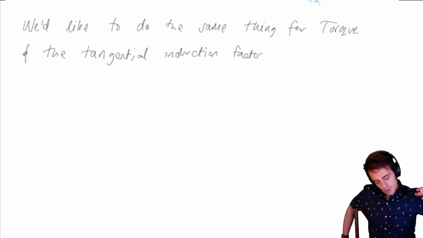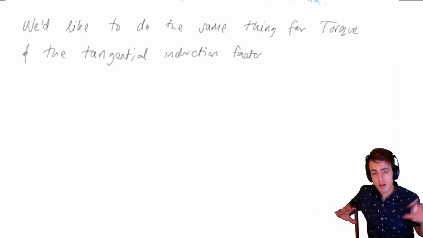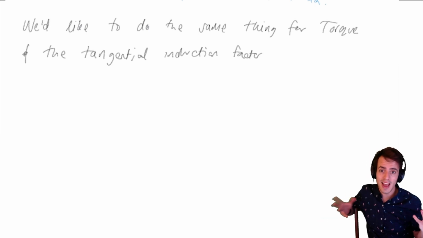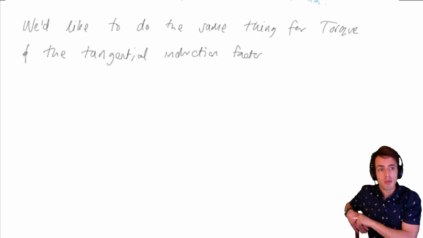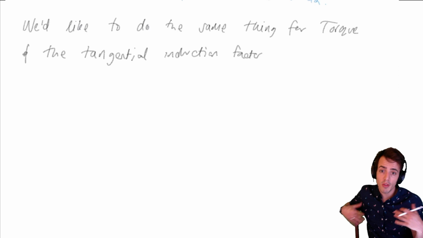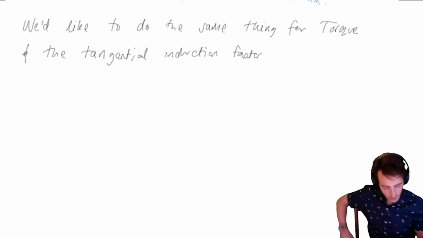We don't use Bernoulli, we can't use that, but we can rely on the constraint that the angular momentum can't increase beyond the disc itself. So we've got this injection of angular momentum, but beyond that, momentum has to be constant.